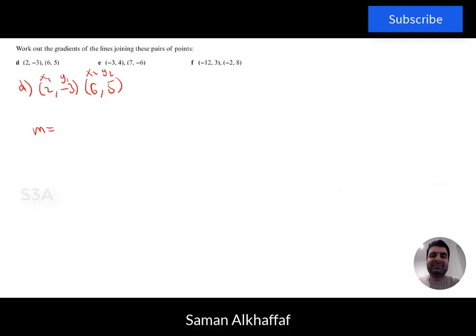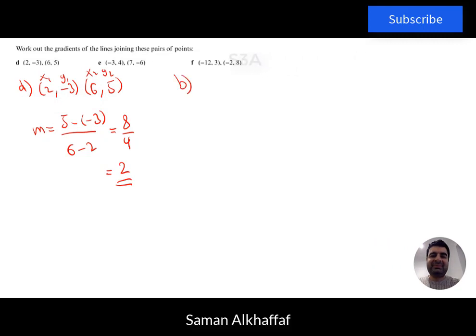The gradient will be 5 take away -3 over 6 take away 2. So it would give us 8 over 4, which gives us 2 as our answer.